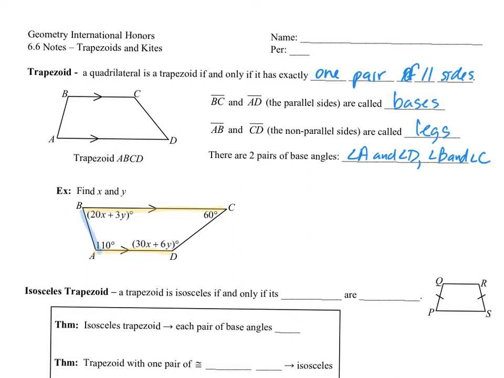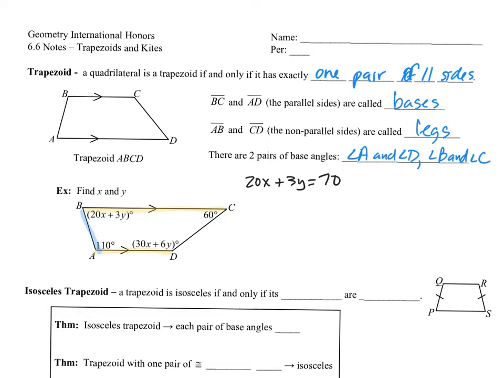So 20x plus 3y is the supplement of 110. I can write the equation: 20x plus 3y is equal to 70, because 70 is the supplement of 110. But as you know, that's one equation with two unknowns. I can't find a unique solution for that.